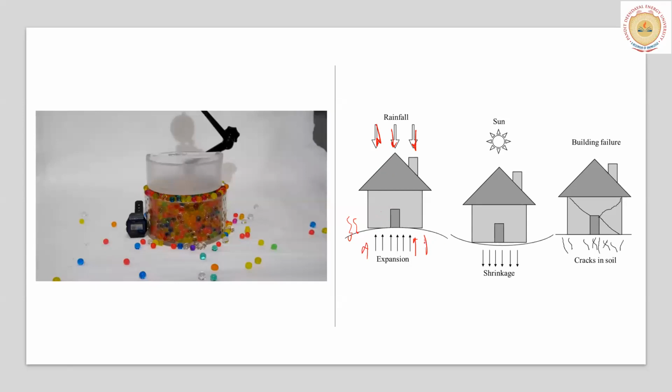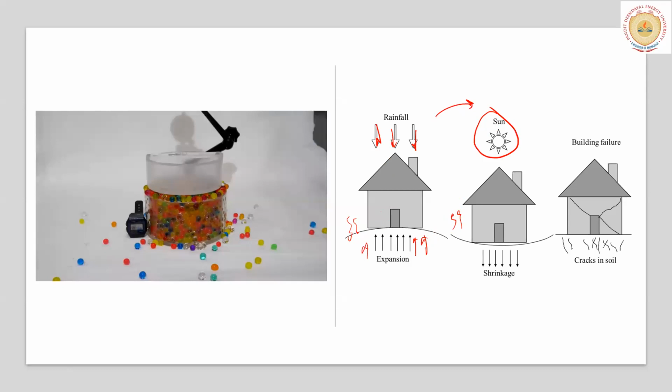The soil has swelled. Now comes the next day or the next seasonal cycle. There is sun, because of which there is evaporation of water. As soon as there is evaporation, the water which was held tight by this soil will evaporate, so there will be a lot of shrinkage.